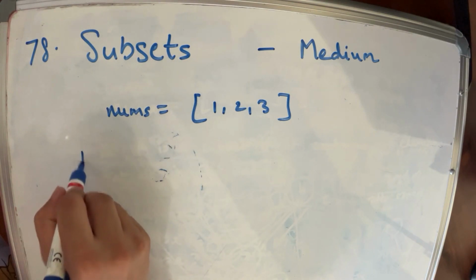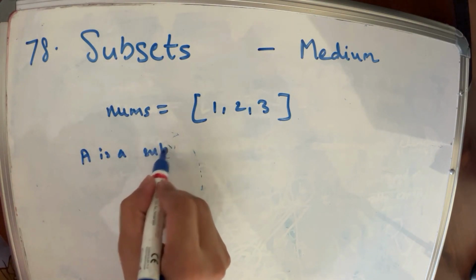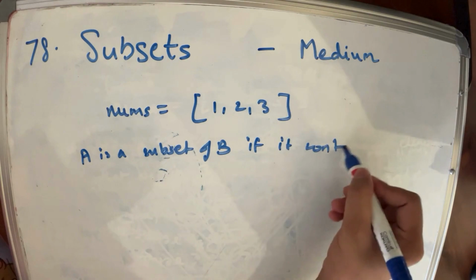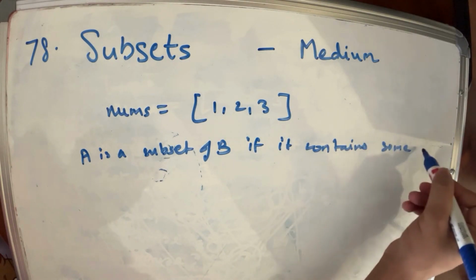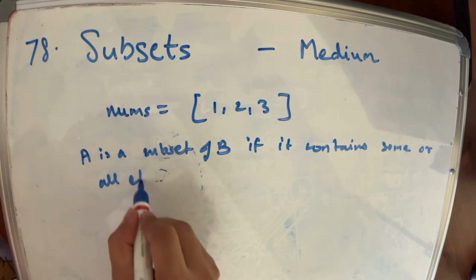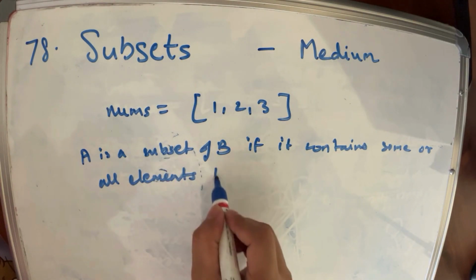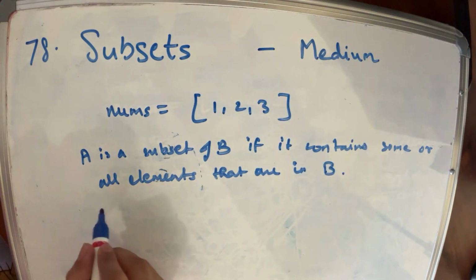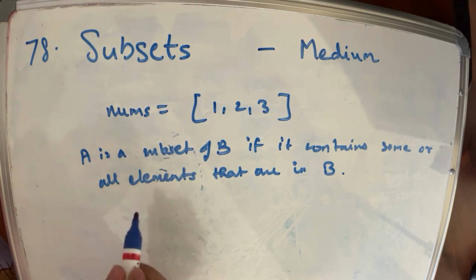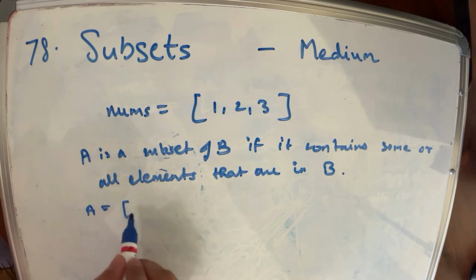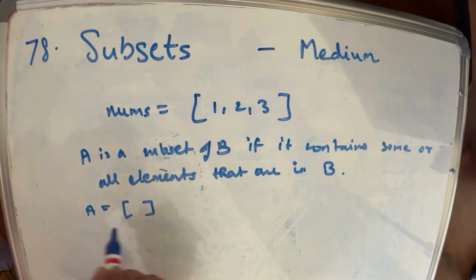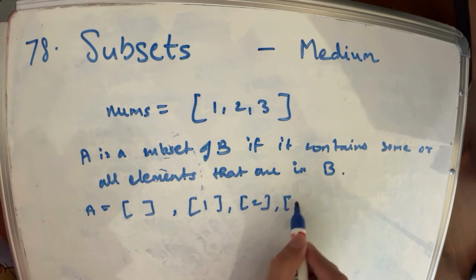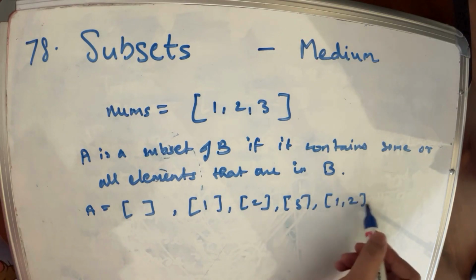So what is a subset? A is a subset of B if it contains some or all elements that are in B. So for nums 1 2 3, the power set will have the empty set, or it can have 1, or it can have 2, or it can have 3, or it can have 1 and 2, and like that.